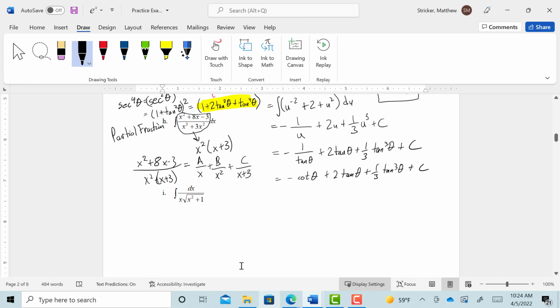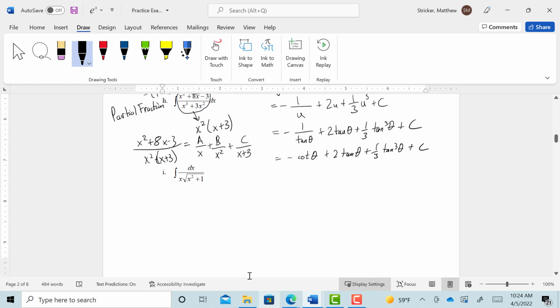Then looks like we have one more here, and notice again it's got that square root of x squared plus 1, so that is trig substitution, right? And what are we going to let x be for this one? x is going to be tangent theta. dx is going to be secant squared theta d theta.